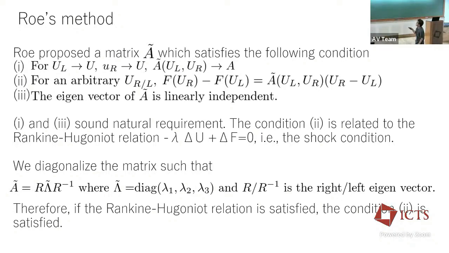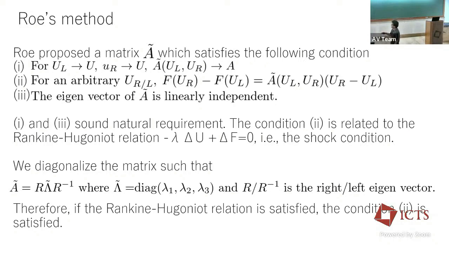The condition 2 is actually related to the Rankine-Hugoniot relation, which is essential to capture the discontinuities, which is given by the characteristic speed times the difference behind and after the shock, and the flux as well. This is called the Rankine-Hugoniot condition, or jump condition, or shock condition.